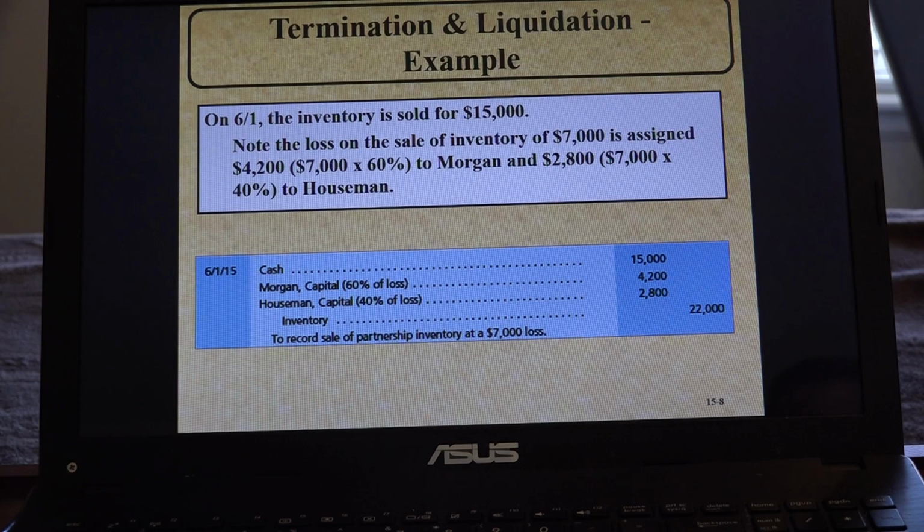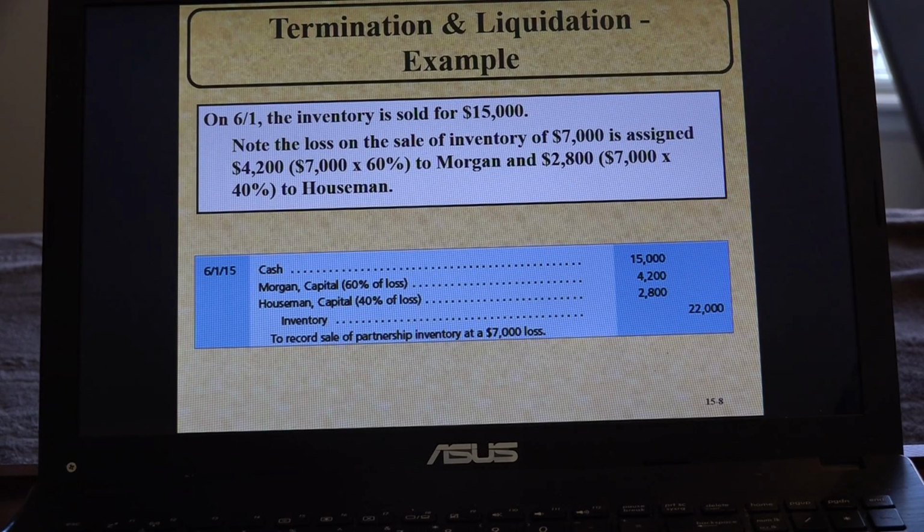On June 1st, the inventory is sold for $15,000, and the inventory on the books is $22,000. So there's a loss on the sale of the inventory. Notice here that the loss goes directly to subtract the partners' capital accounts based upon their split of profits and losses.